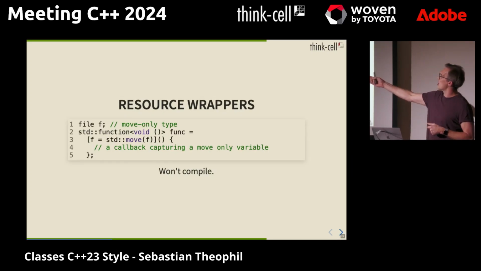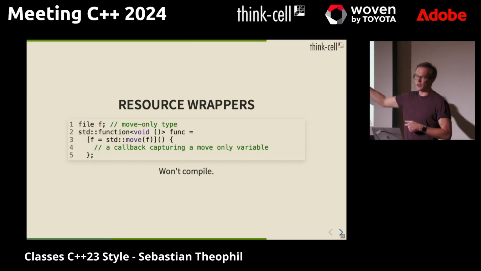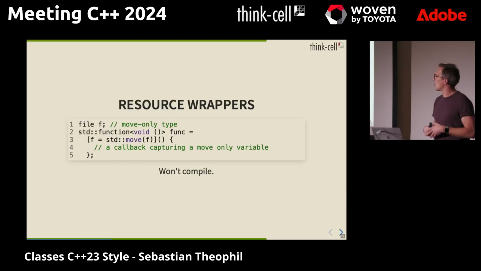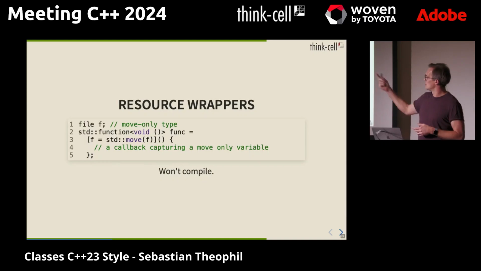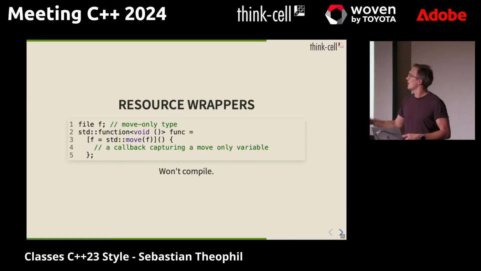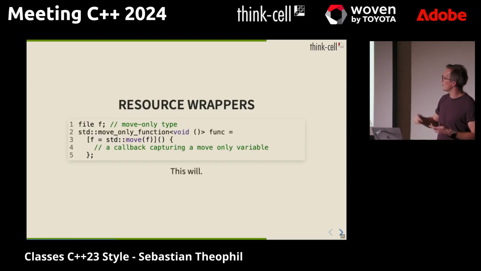So like here, I want to move that file into the lambda capture, and now I have that lambda that owns that file, but now for some reason, I have to make this into a polymorphic std function object. And now this would not compile because std function was a copyable function. So it would require the lambda to be copyable, the lambda would require its capture to be copyable, and it wasn't copyable. So now we have move-only function, and this will work.